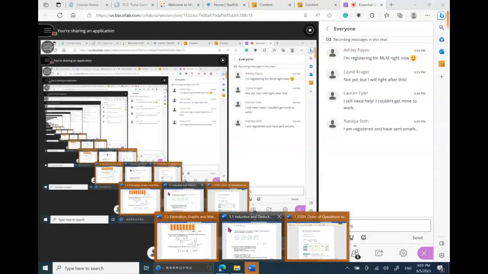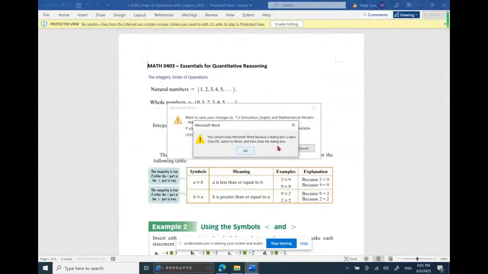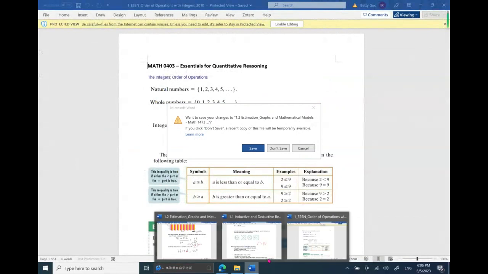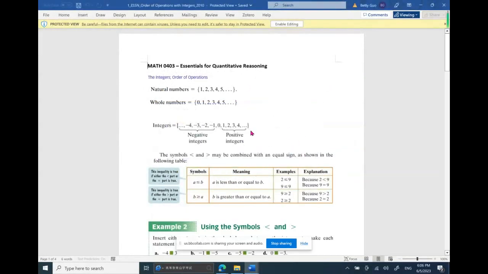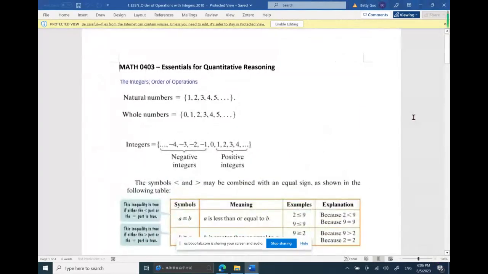All right, so let's start our lecture. We are going to talk about order of operations. Operations include addition, subtraction, multiplication, division, exponentiation, radicals, and so on.